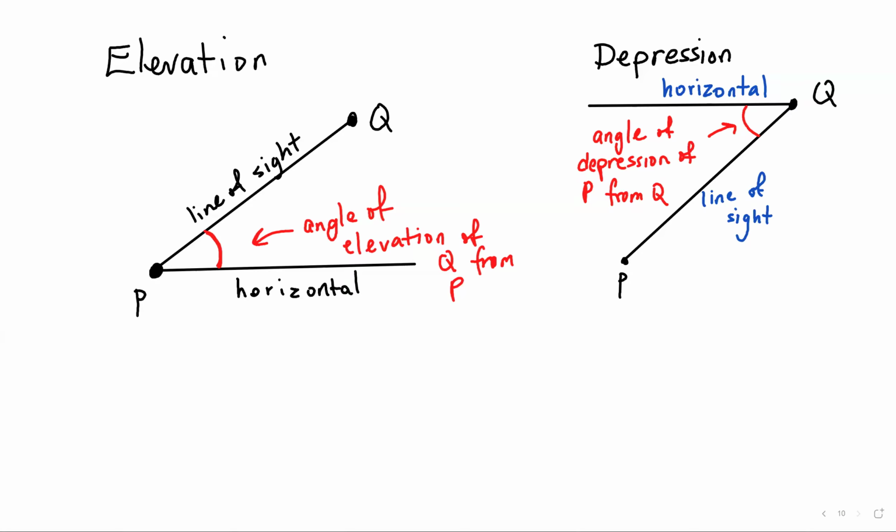Angle of elevation would be the angle formed between a point lower to the point higher between the horizontal and the line of sight, as in P and Q here. The angle of depression will be the angle at the top looking down between the horizontal and the line of sight. So those are some fundamental principles, right?